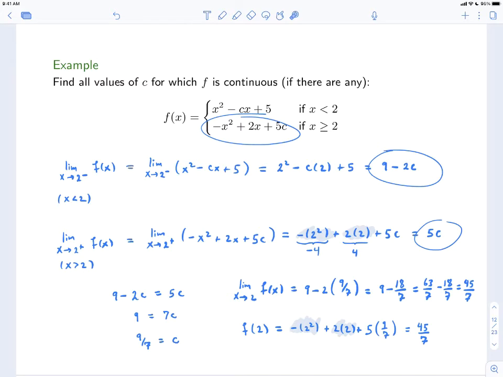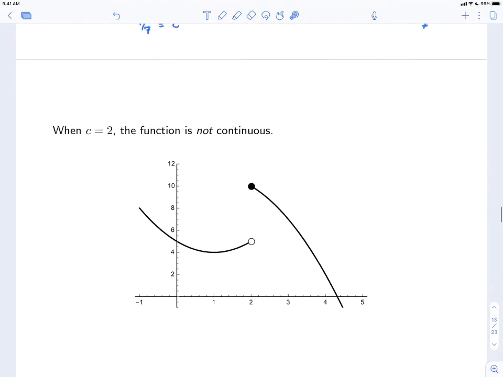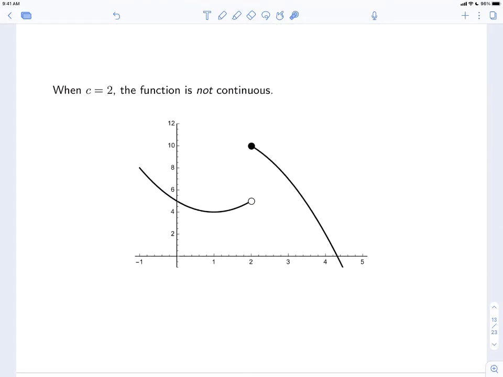Well, let's look at a graph. When c equals 2, the function is not continuous because the piece on the left doesn't meet up with the piece on the right. So the left limit does exist and the right limit does exist, but when c equals 2, the left limit and the right limit are not equal to each other, so the limit doesn't exist, so this function can't be continuous.